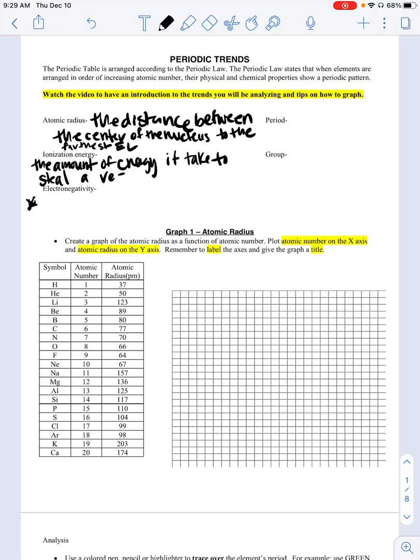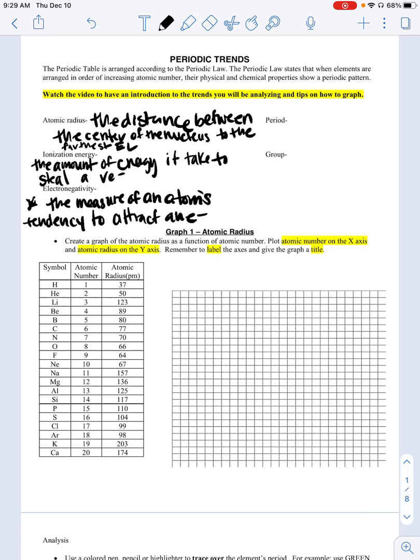This is the measure of an atom's tendency to attract an electron. So we're going to see what those properties are for the first 20 elements, and then we should see trends pop up on our periodic table with that 1 through 20 of those elements.